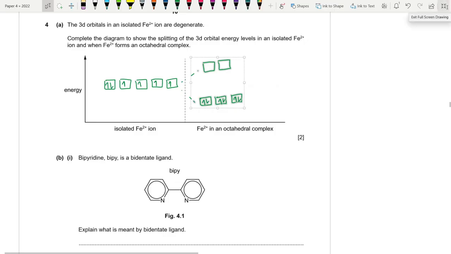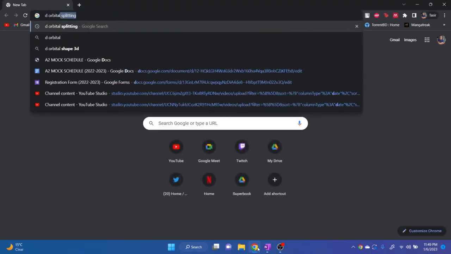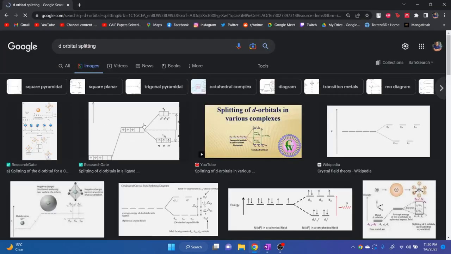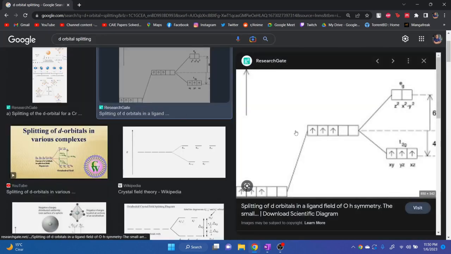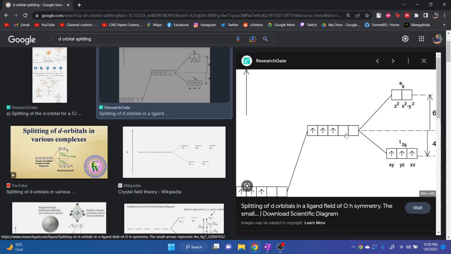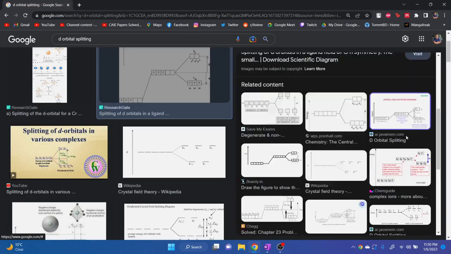Do you want me to show you? So, here you go. This is the isolated atom basically, and this is the complex. But when it splits, it divides into two parts.